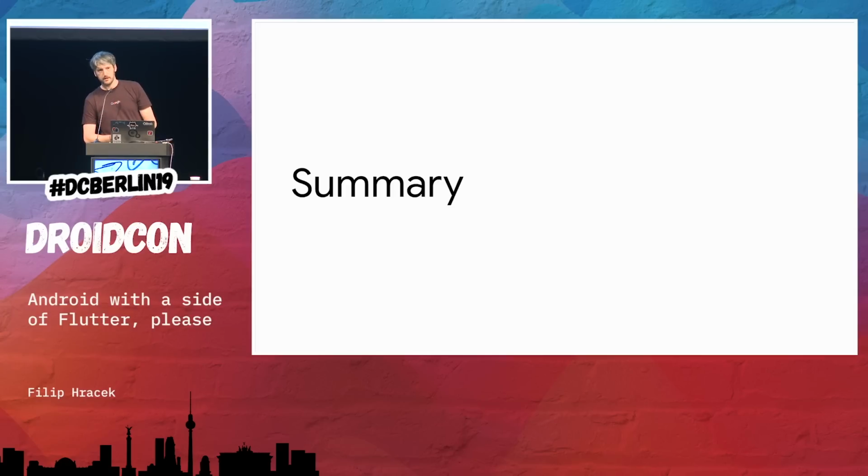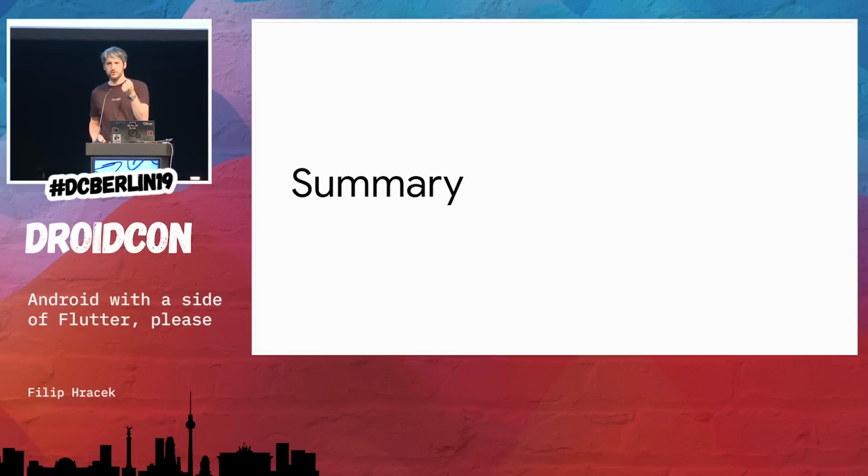In summary, I told you about the technical underpinnings: you own all the pixels, and we basically compile to native. There's no bridge, which means it's both a strength and a weakness.